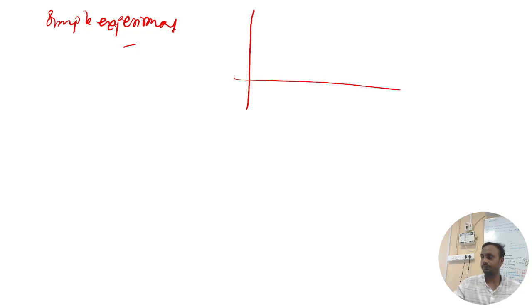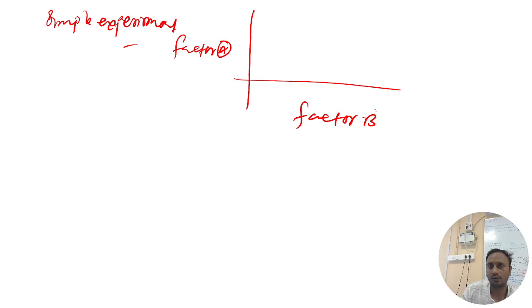Let's consider a simple experiment. We'll have factor A and factor B. We'll take low and high, so here we'll say minus, this will say plus.